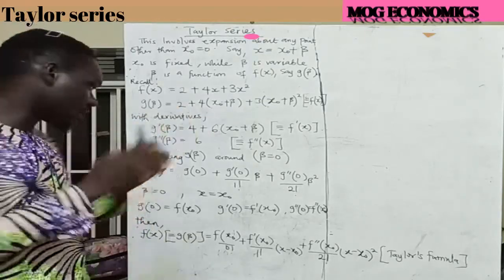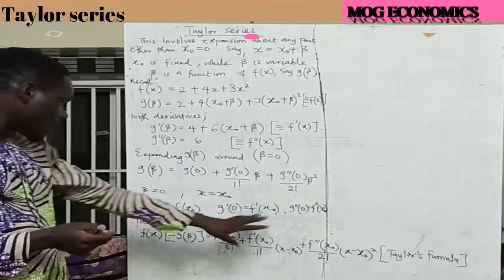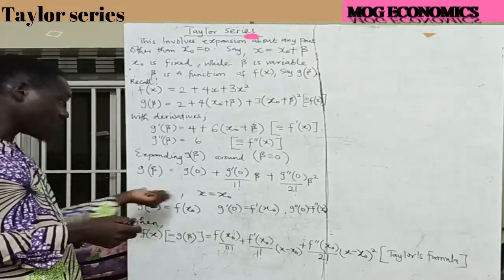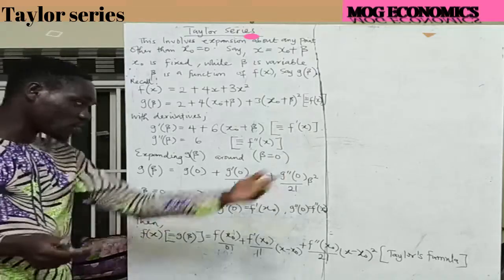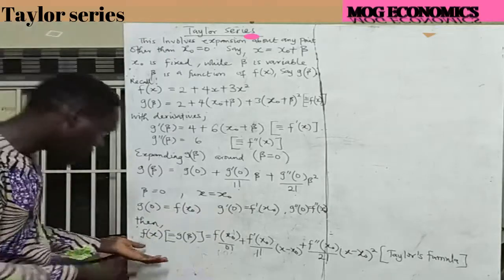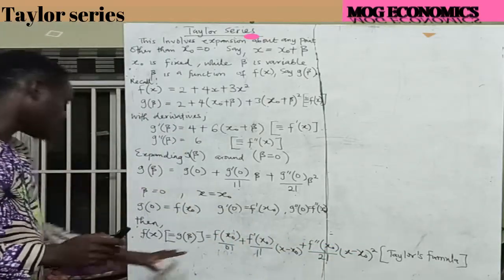That was in the class. So now here we are expressing this function of beta, which we have assumed to be zero here, in terms of those Maclaurin derivatives.